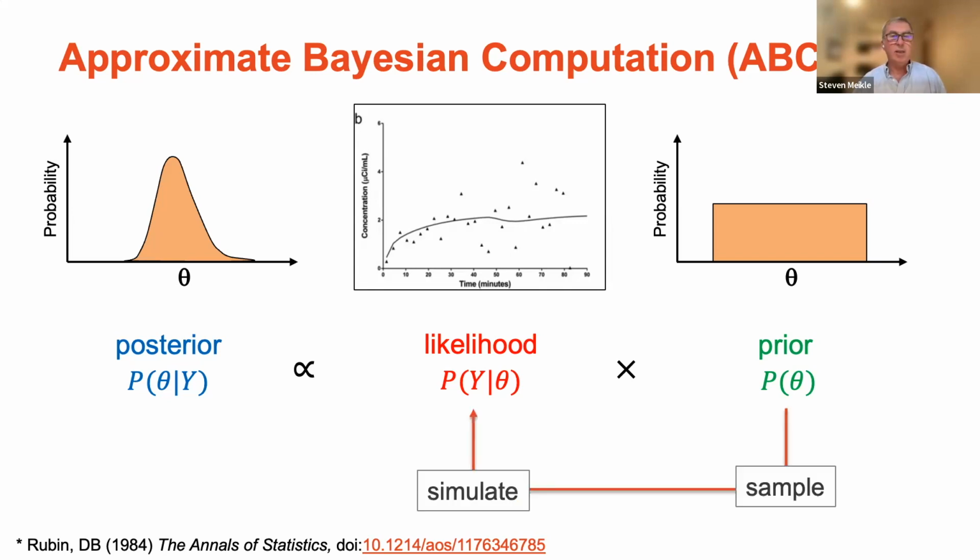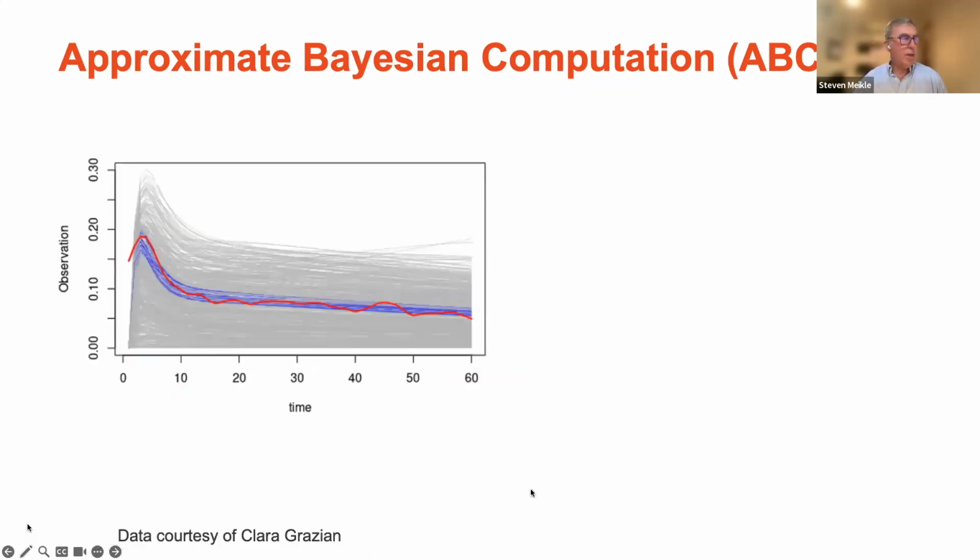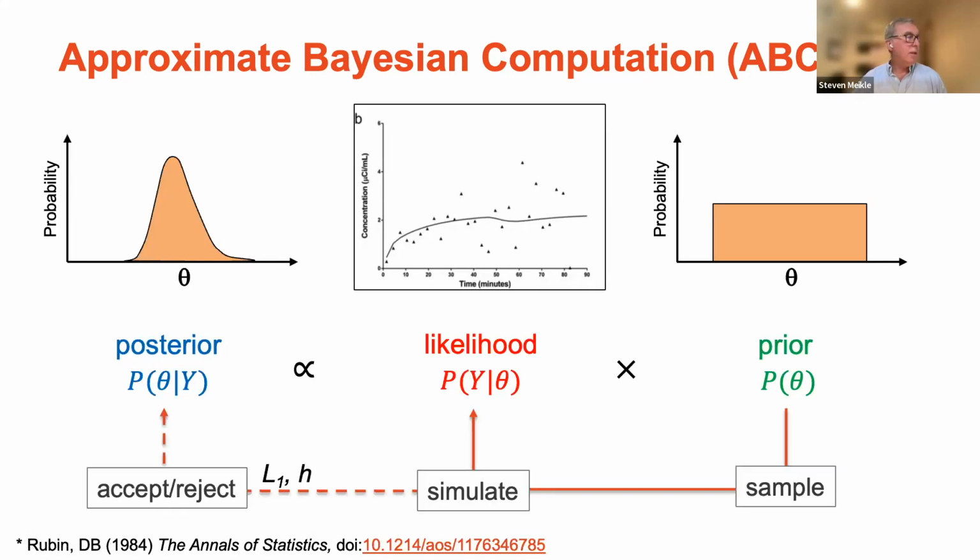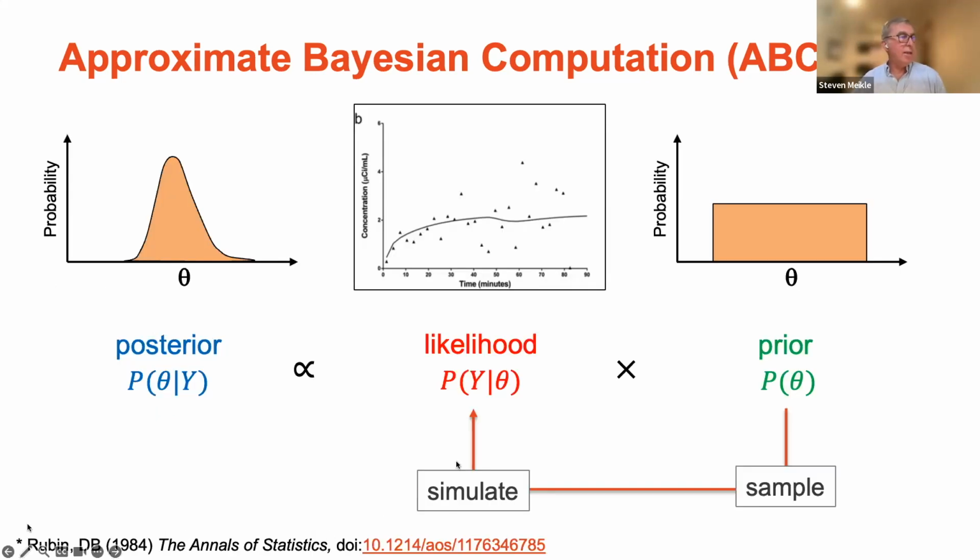And you can see the relationship between these expressed by Bayes' rule. So with ABC, what we do is take a random sample from the prior distribution. So there'll be a separate prior distribution for each of your model parameters. You take a random sample from each, and then you simulate your time activity curve. So you're actually simulating the likelihood function.